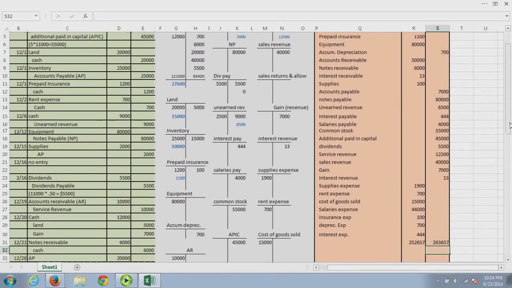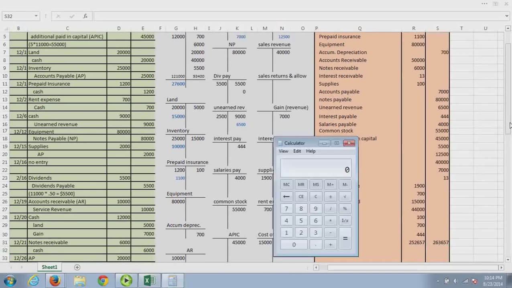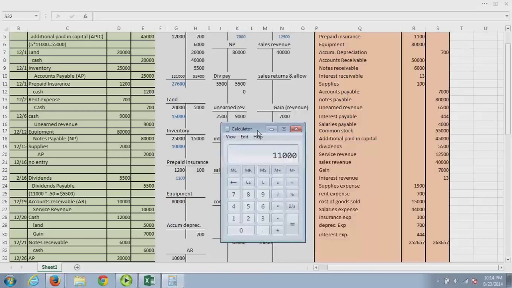So let's do something here. If you take the two sides, and of course this only works if you have one error, the difference is 11,000. So this is what I was mentioning. Since I put the dividends on the wrong side, 11,000 divided by 2 is 5,500. So that's the kind of error you could catch if you divide your difference by 2.